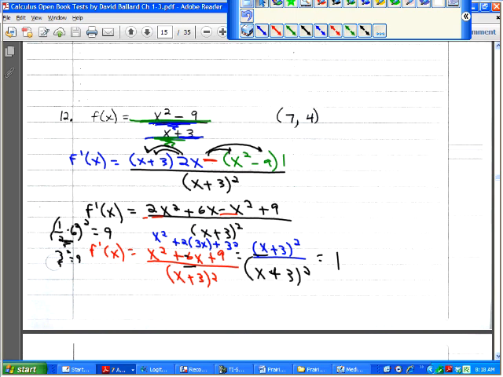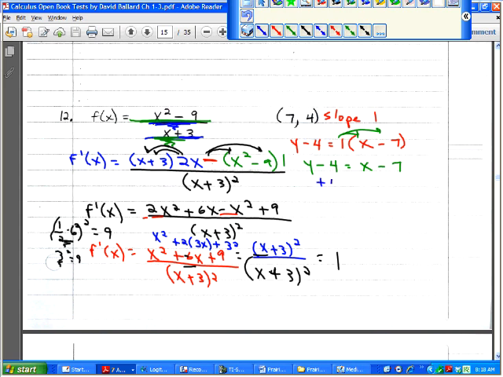Okay, so we now have a point and the slope, and we can plug those into the point-slope formula. So we're going to have y minus the y of the point, 4, is equal to the slope of 1 times x minus the x of the point, 7. We're going to distribute here. So we're going to have y minus 4 is equal to x minus 7.